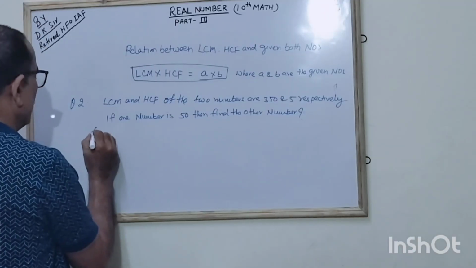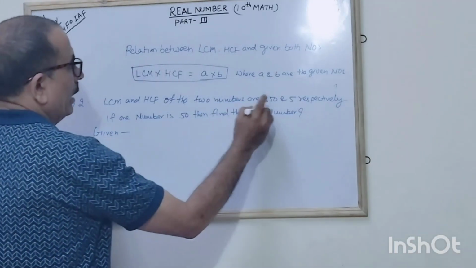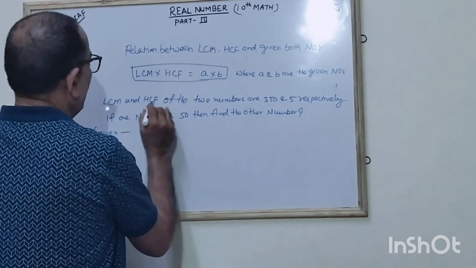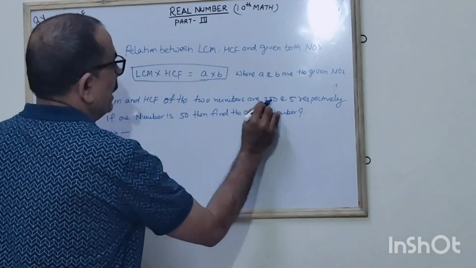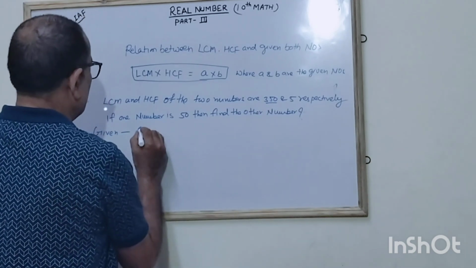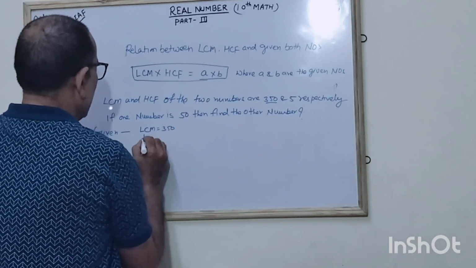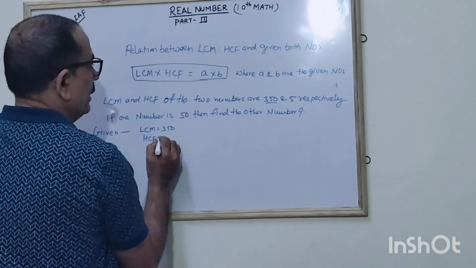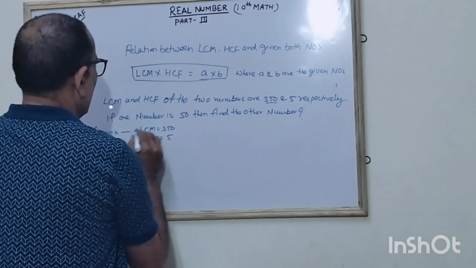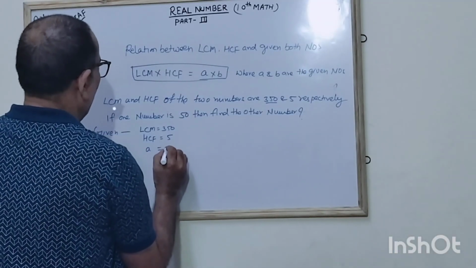So first we'll see what the given things are. The LCM and the HCF of the two numbers are 350 and 5 respectively. The LCM is equal to 350, the HCF is equal to 5, and one number, that is A, is equal to 50.